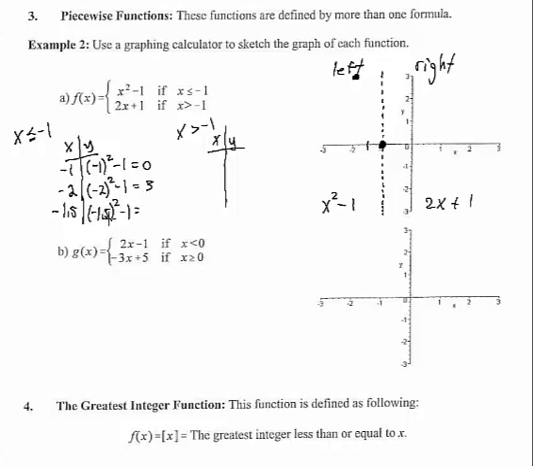Negative 1.5 squared is 2.25, and if I subtract 1, I get 1.25. I'm going to have to estimate this. I am going to eyeball it, and I'm going to place my point right there, just above positive 1 on my y-axis.